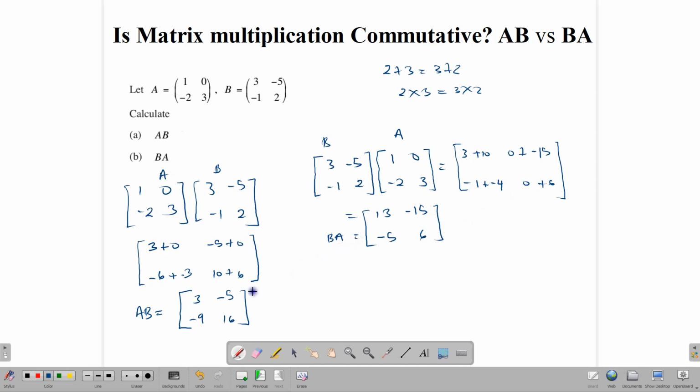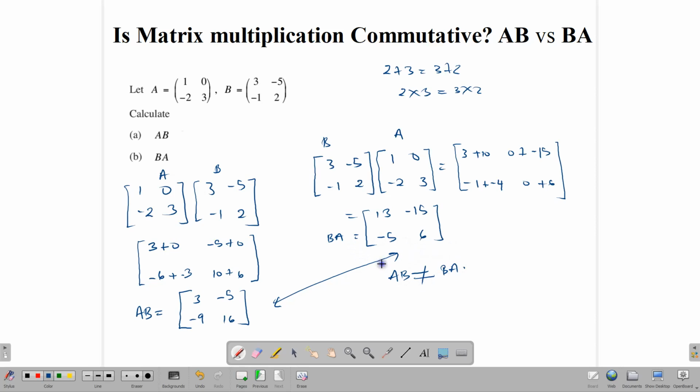So when you compare them, you realize that AB is not equal to BA. And that's how it is for matrix multiplication in general. In some cases, when you multiply two matrices and turn the order around, you'll get the same answer.